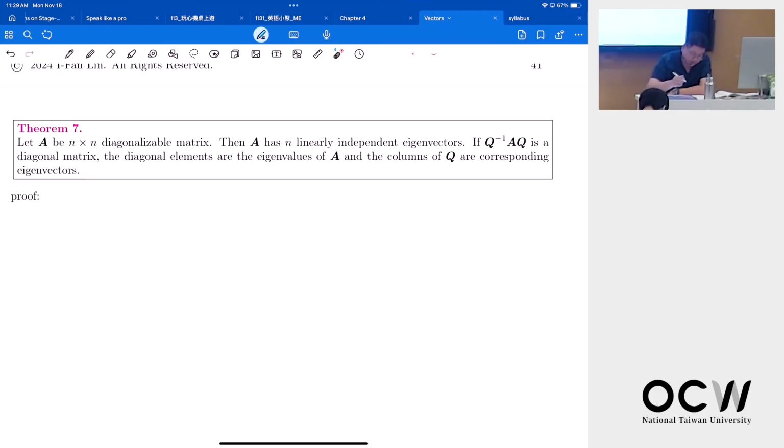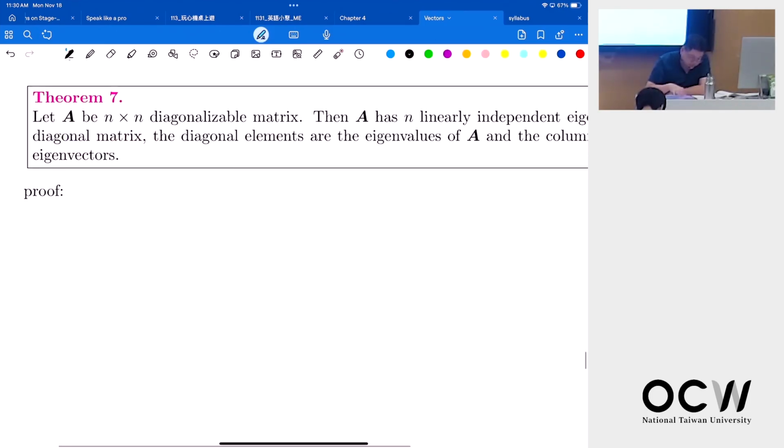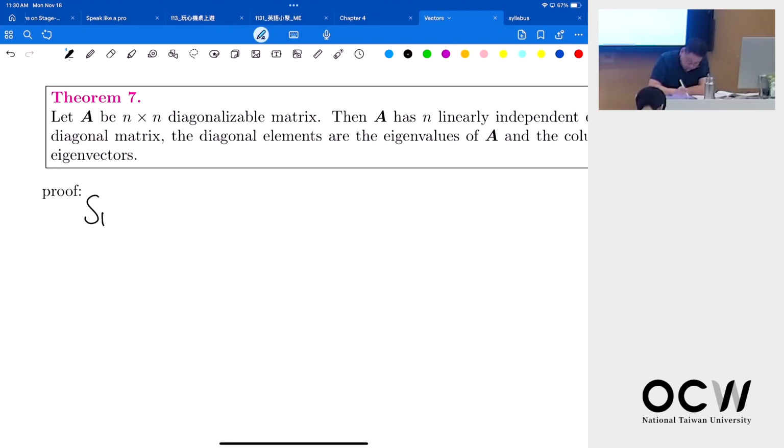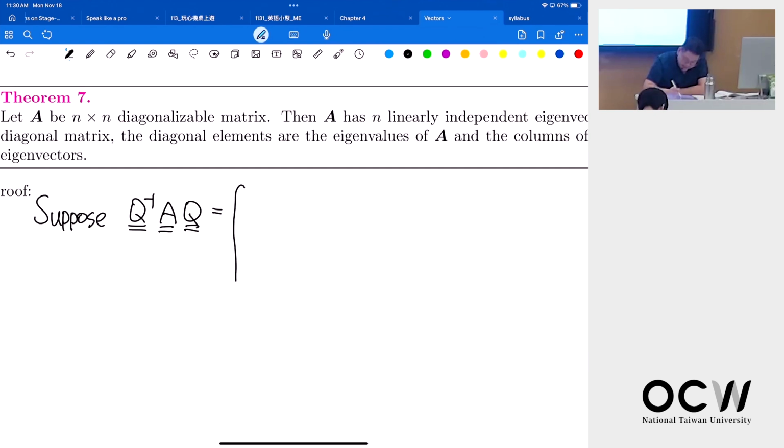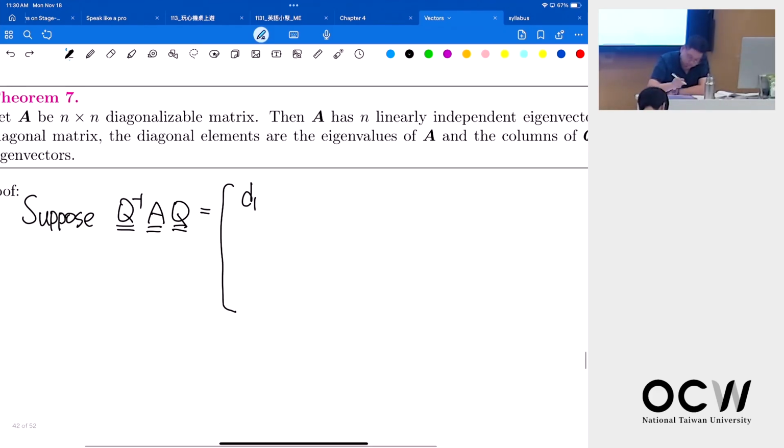Suppose Q inverse AQ is a diagonal matrix, let's say D1, D2, to Dn on the diagonal, with zeros elsewhere.